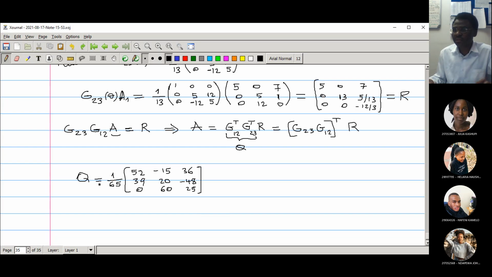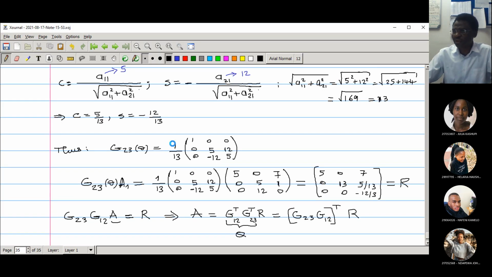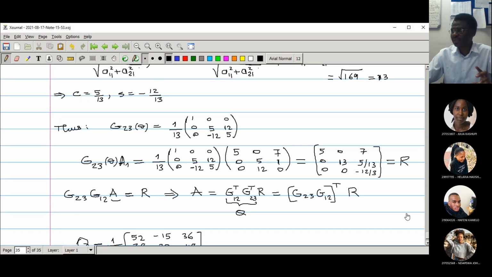Okay, so that's our Q. We are there. Okay, so roughly speaking, I hope this explanation, all these details, make things clearer for most of, if not all of you now. I didn't want to skip this.